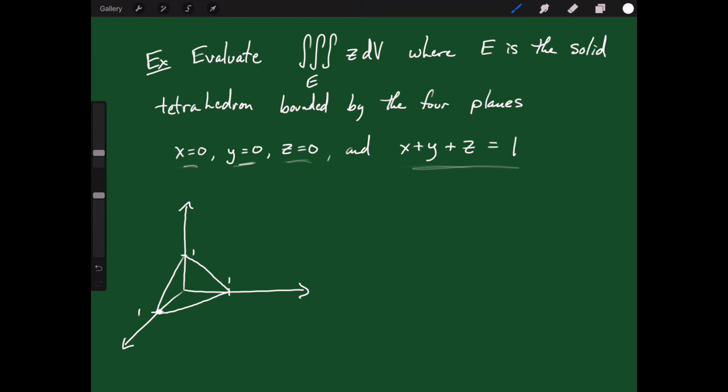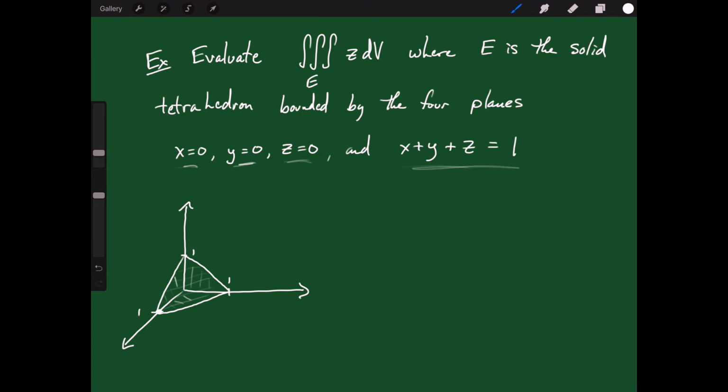And notice that it's bounded by the other 3 planes as well. So I have this top piece here, and then I have these sides over here, and this side down here. Okay, so this is kind of a 4-sided, what we call a tetrahedron. Okay, that's the shape that I want to integrate over.